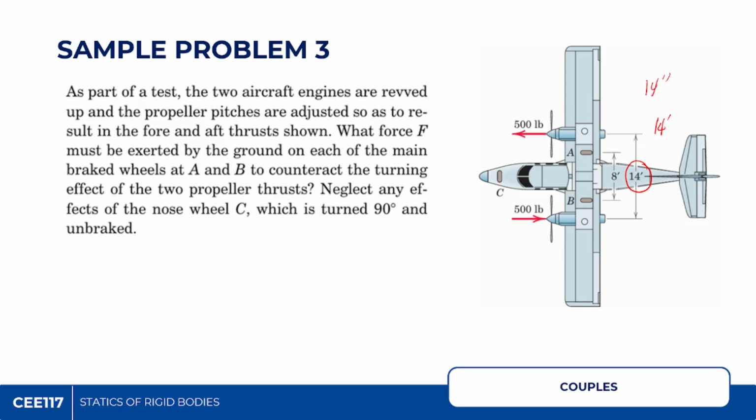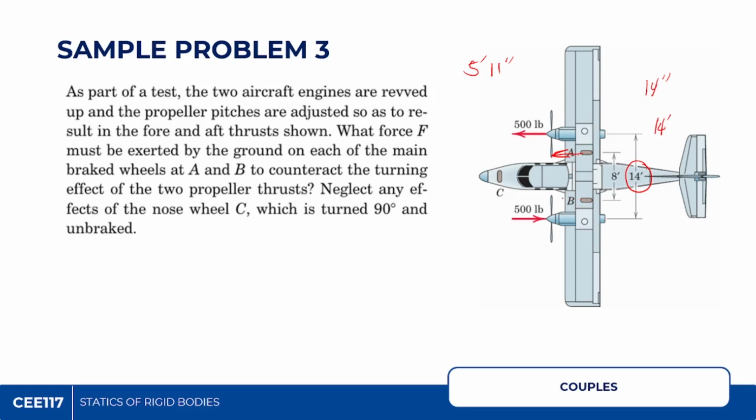For example, 5 by 11 means 5 feet and 11 inches. So, the question here is, what force can we exert at brake A and at B? Basically, we just need to solve for the value of F here.